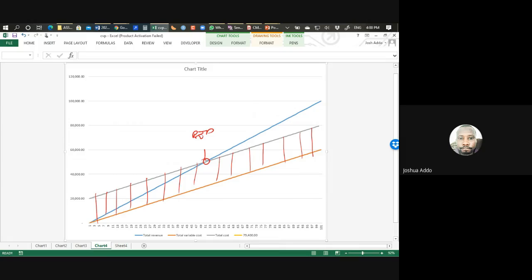So this represents total fixed cost. And I can just take a shot of this and ask you to interpret, ask you various questions. So I have done my job to educate you on what it represents. You should also do your job to go and read to understand it.